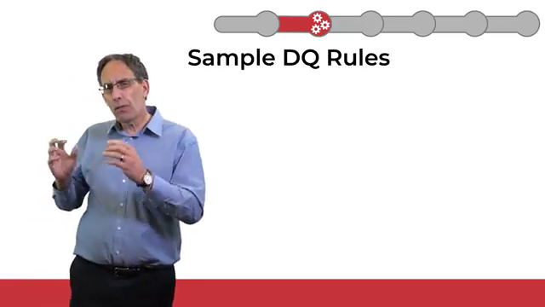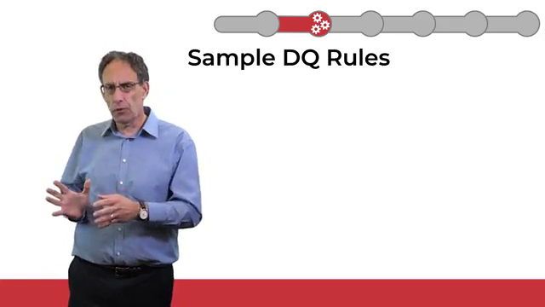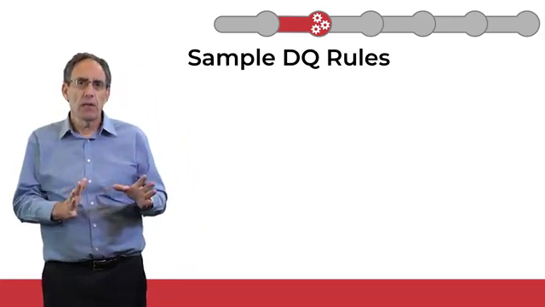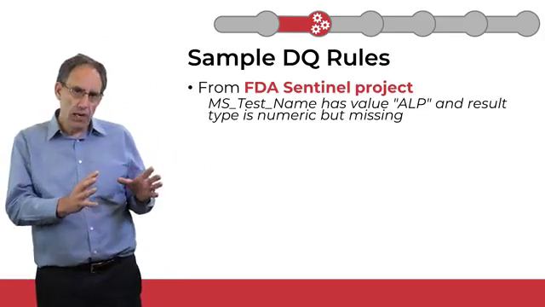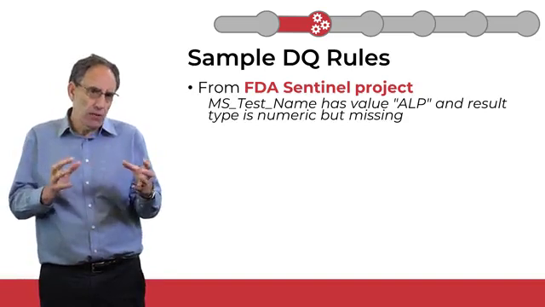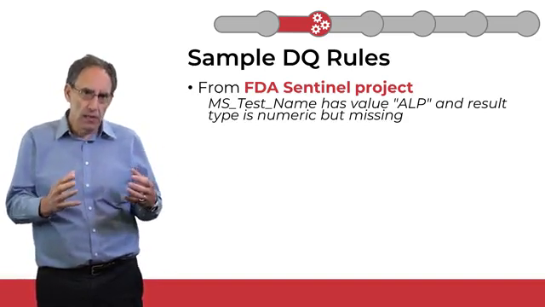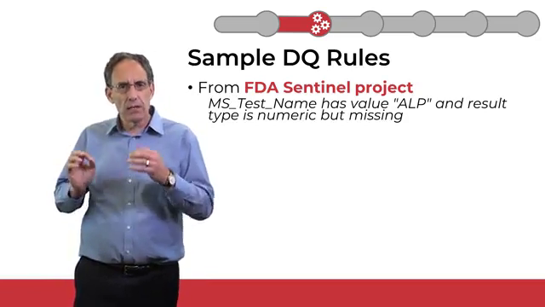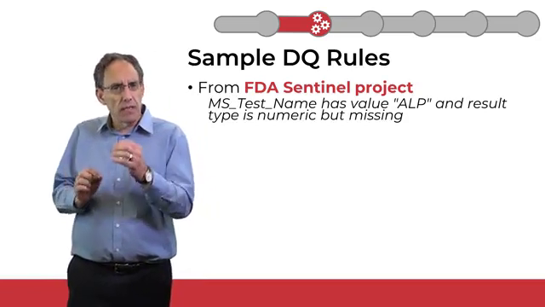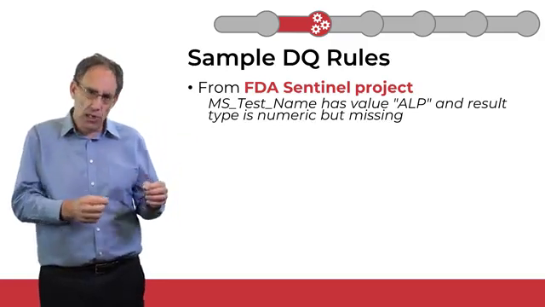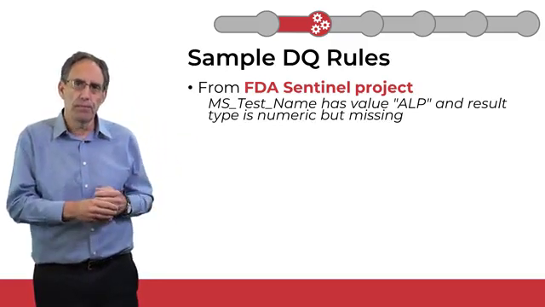We show 3 different data quality rules from 3 very different data networks. The FDA Sentinel rule checks that a laboratory test called ALP, which stands for alkaline phosphatase, always has a numeric value. That is, there is a data quality issue if the test is inserted into the database without an associated numeric result value.